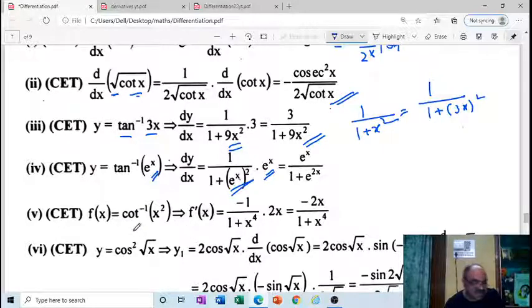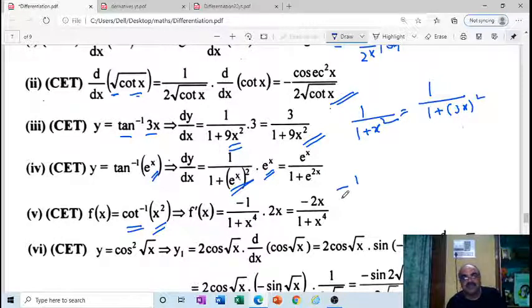Next, differentiation of cot inverse of x square. First differentiation of cot inverse we need to do, then it is of x square. What is differentiation of cot inverse x?